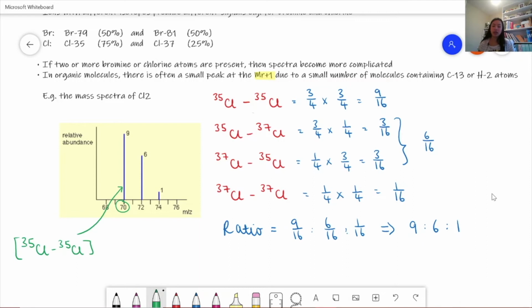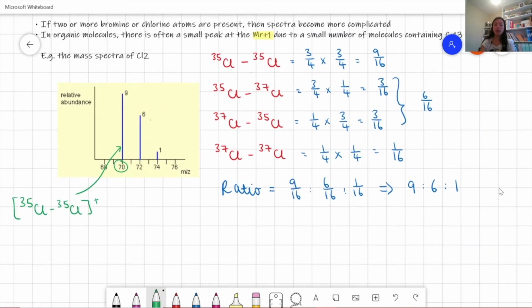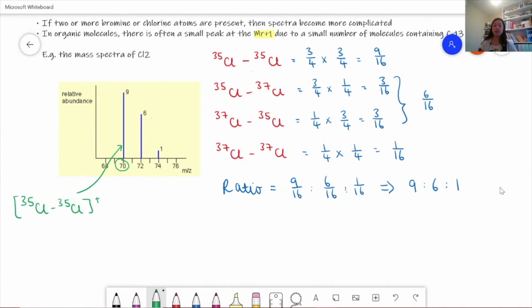And this is a positive ion because it's gone through the time of flight. And then for the second one, we have the mass being 72, and this means that we have a 35 and a 37, which also makes sense looking at our ratio. And then this last one is when we have 2 chlorine 37s bonded together.